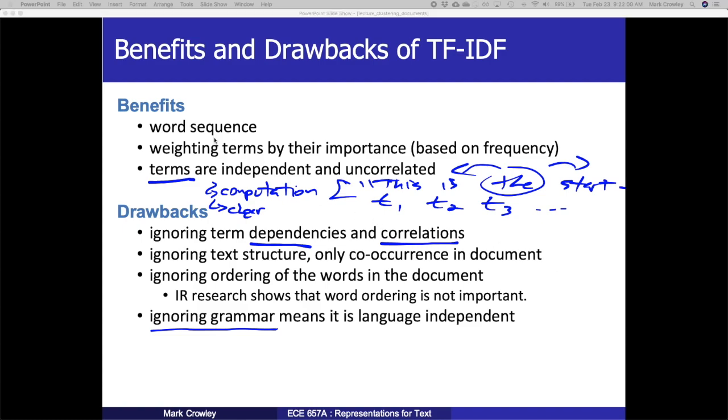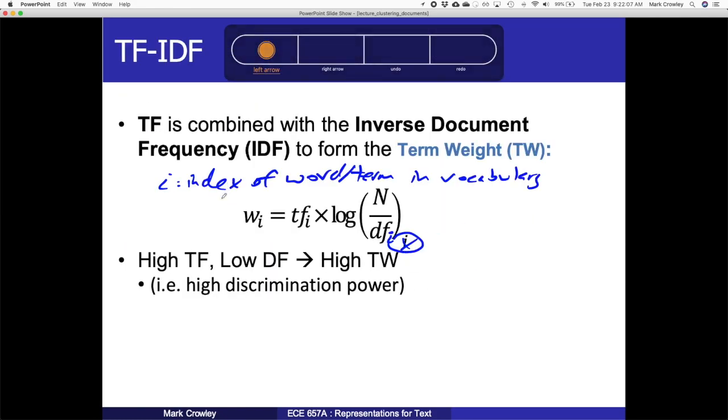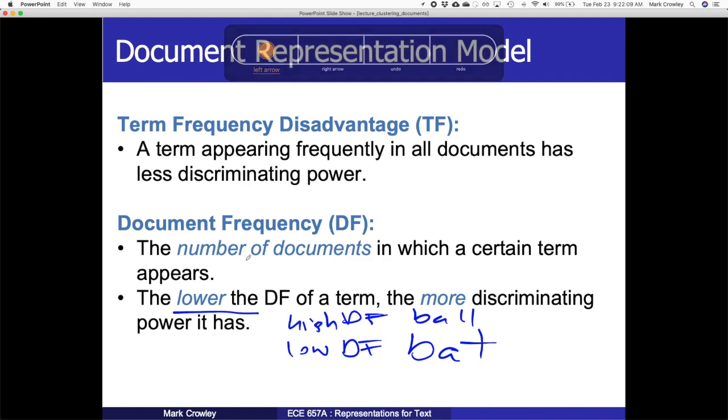Yeah, okay, so someone had a question about, okay, maybe people have resolved it. The frequency of a term in a document versus the number of documents the term is in, right? So they're two completely different counts, and they give you different measures of frequency. So how many times does the word ball show up in this article you're reading, and how many articles does the word ball show up in, right?